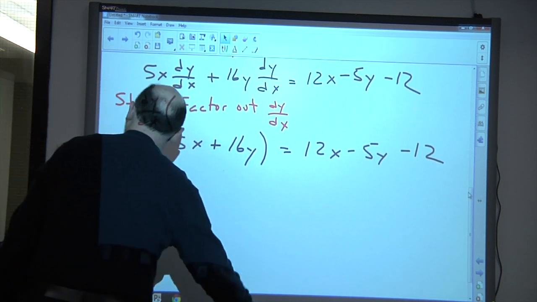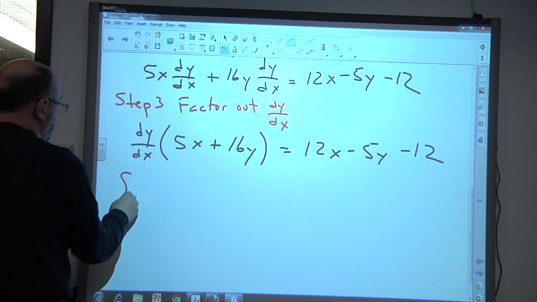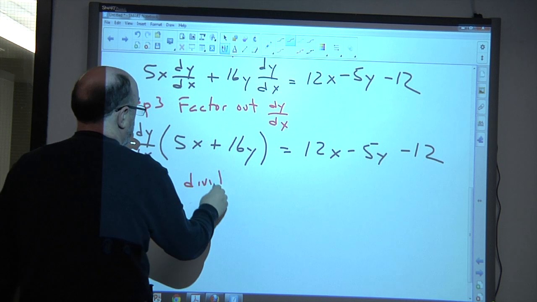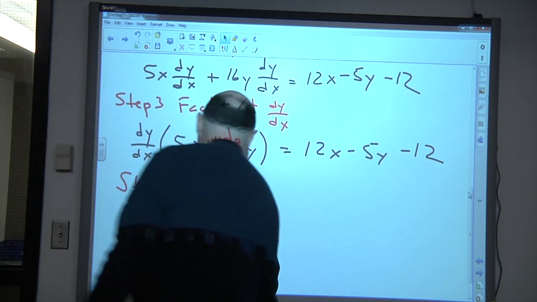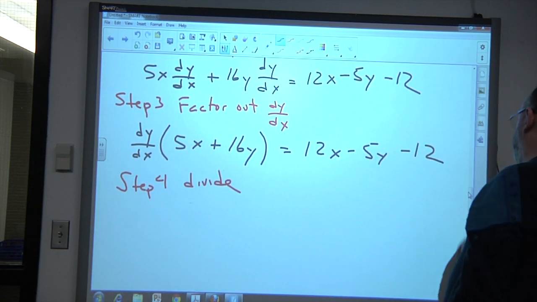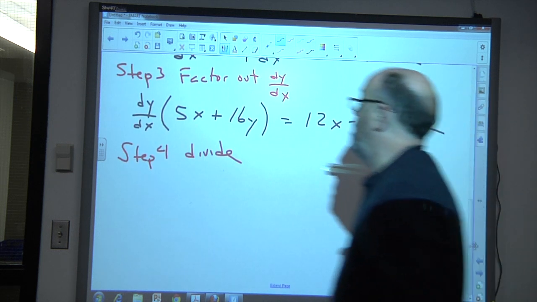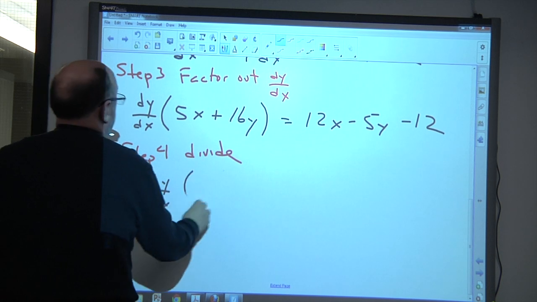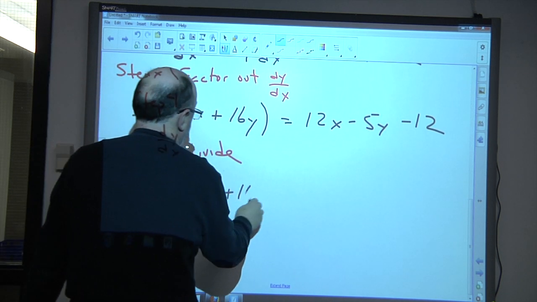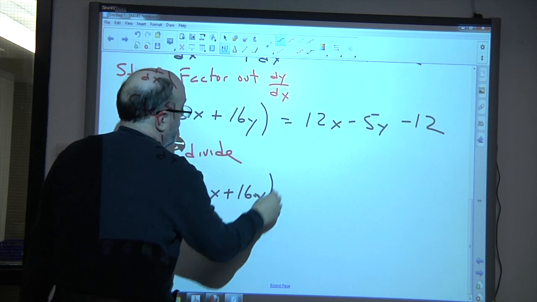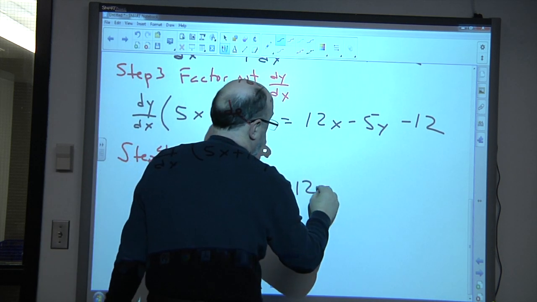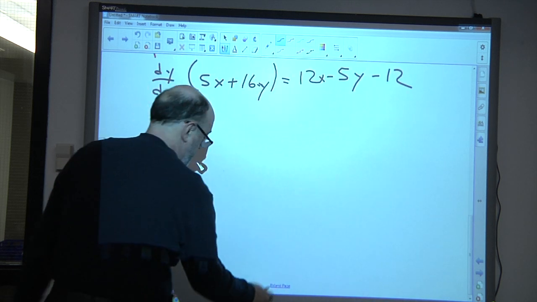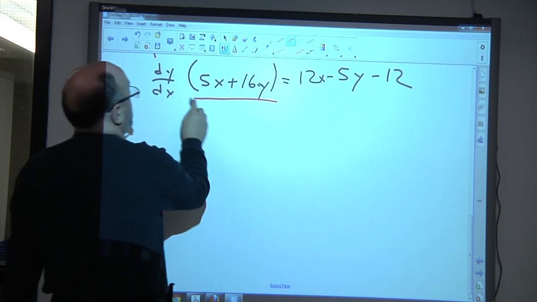And then step 4 is divide. So now we're going to just divide. And so let's rewrite this. We got dy dx times 5x plus 16y equals 12x minus 5y minus 12. We want to divide, so we divide by this.